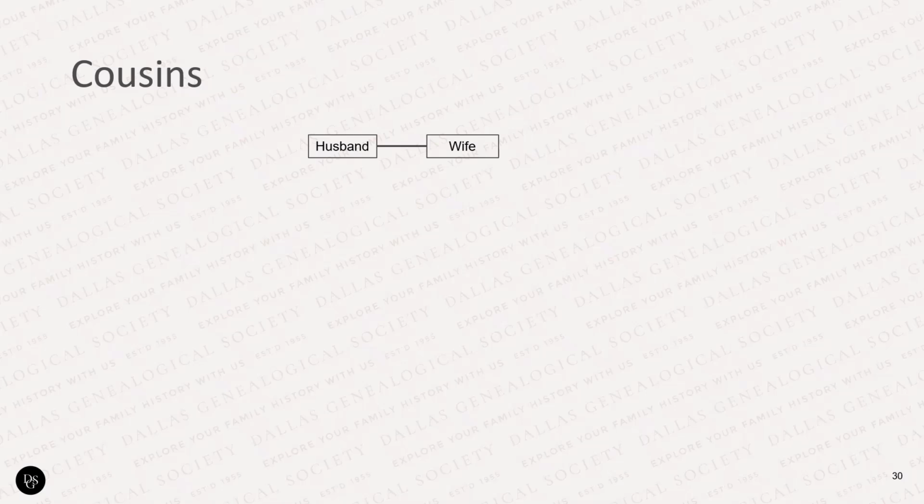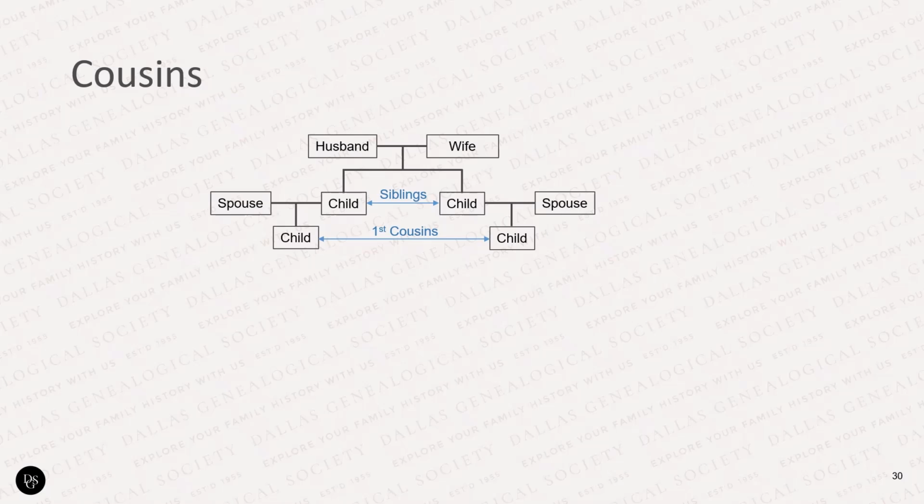Now, cousins are interesting because they get a little bit confusing too. If I have a family that had children, they are, as we know, siblings, brothers and sisters. If they have children, those children would be considered first cousins because they are the children of siblings. Now, you can carry this out quite a ways.